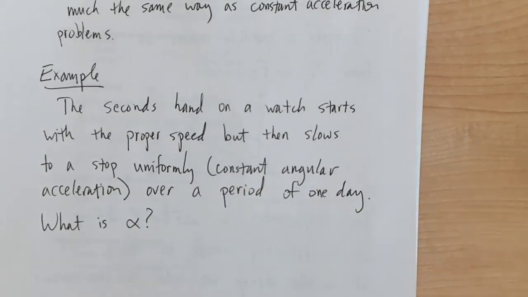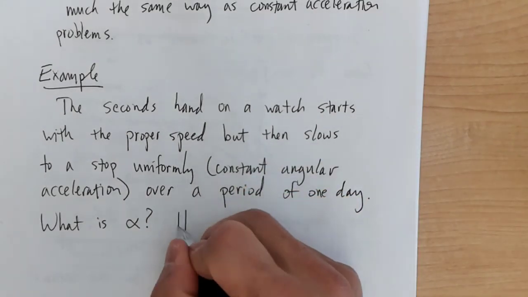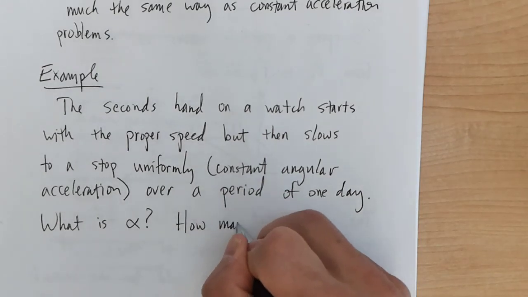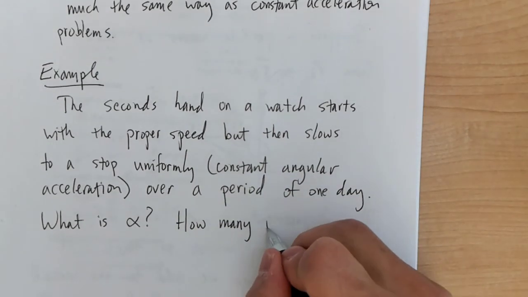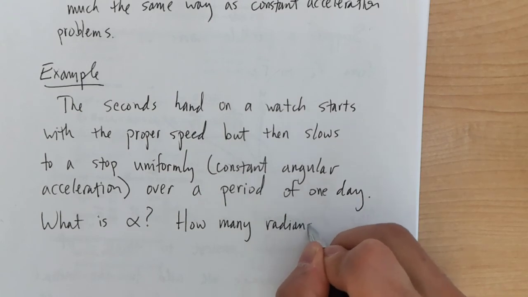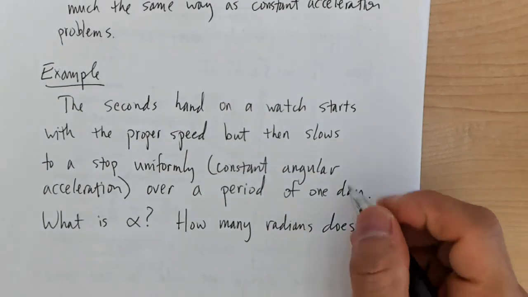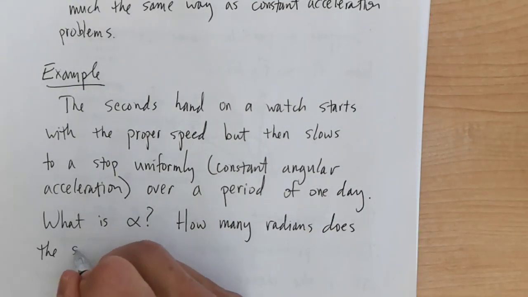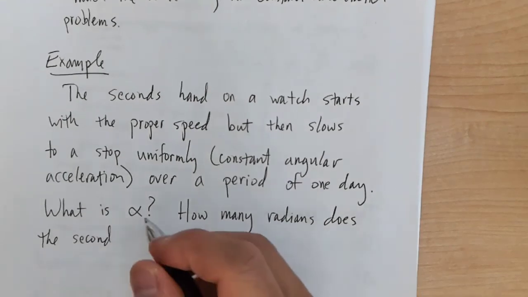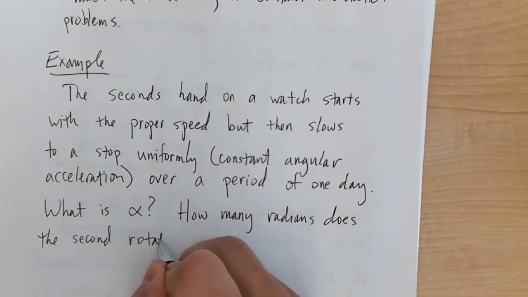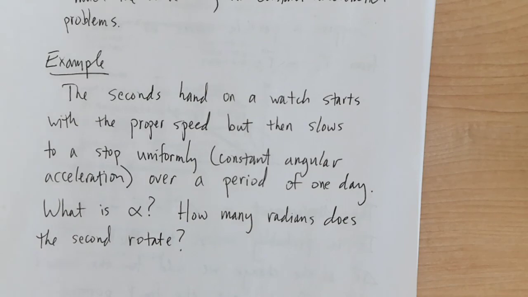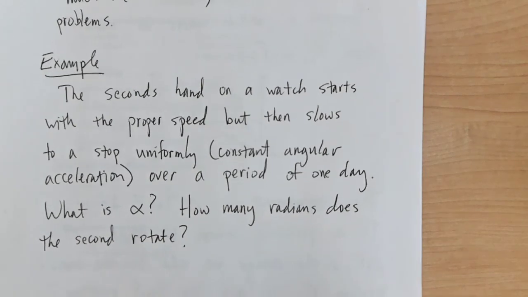It's a constant angular acceleration. And the second part is how many radians does the second hand rotate? Before I go over the solution, I will stop the video, and you can give it a try yourself first.